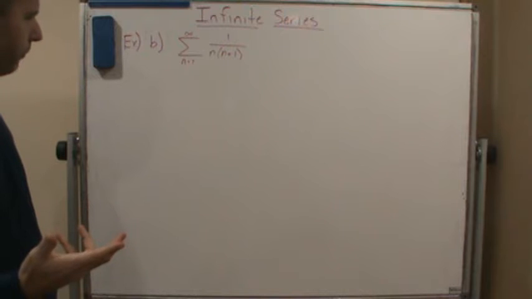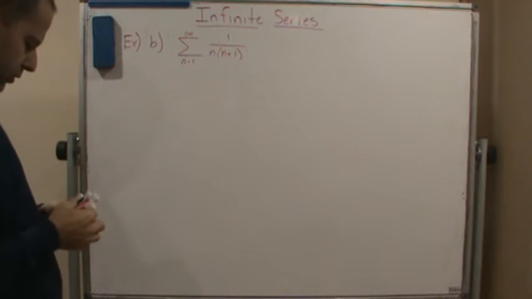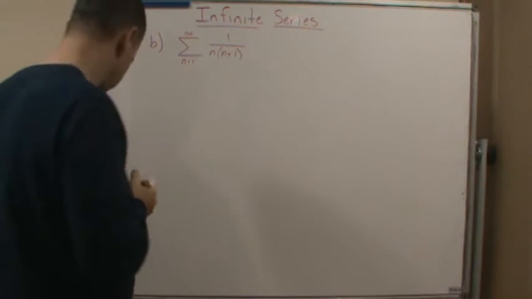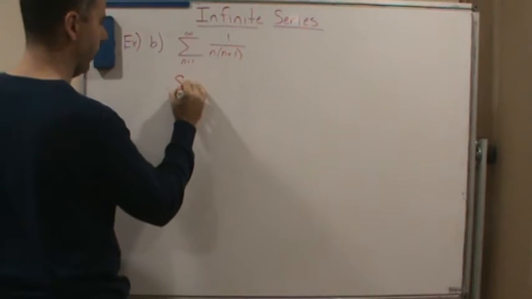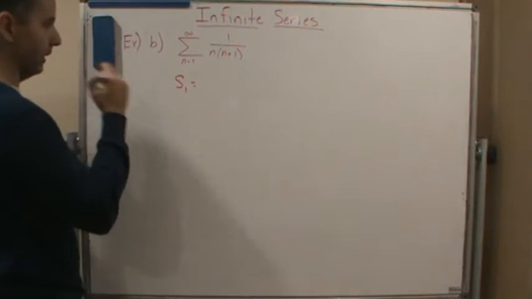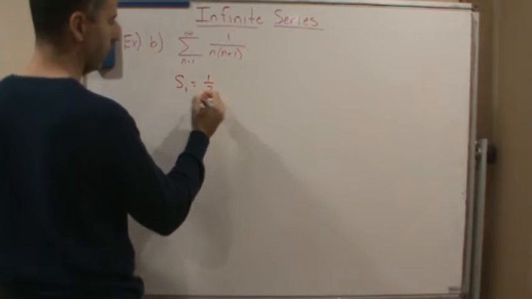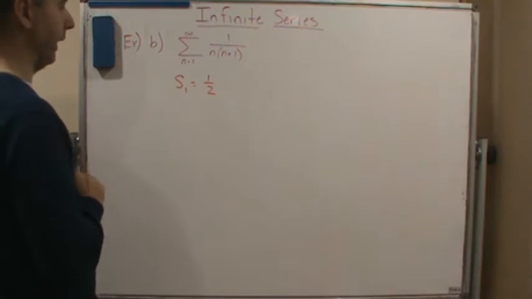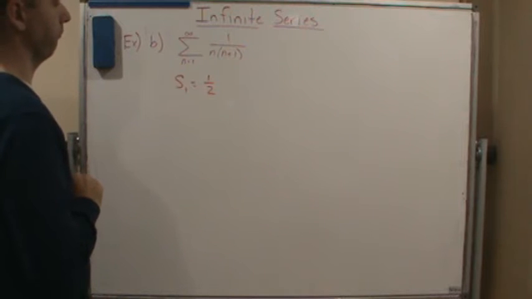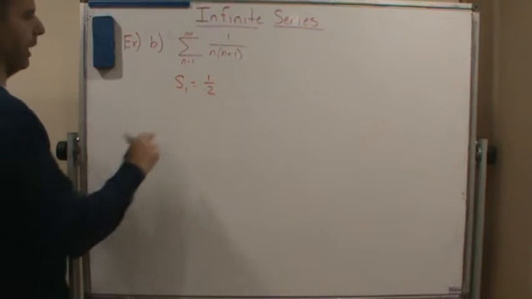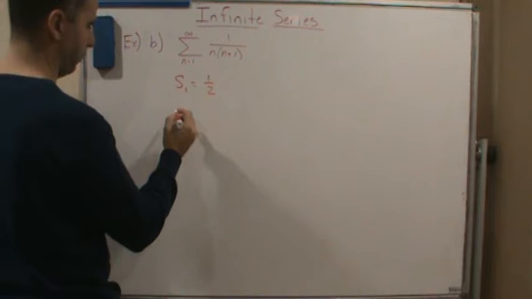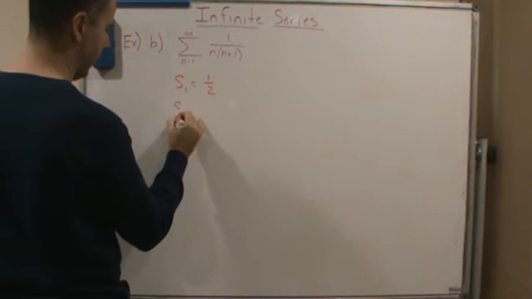Now, let's look at what the partial sums give us. So S of 1 is what? Well, this is going to be 1/2, right? Because we got 1 times 2. Okay, so let's do S of 2.